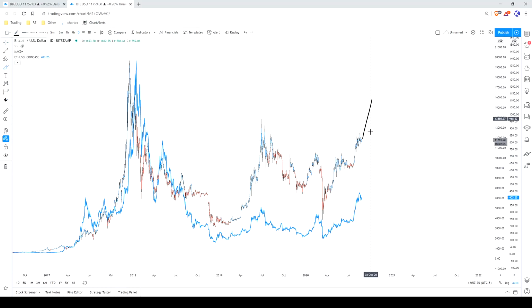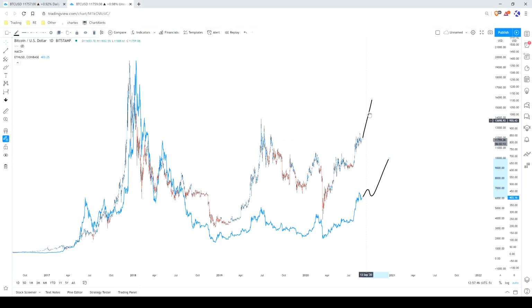So I'm suggesting Bitcoin tops over here. Ignore time, but I'm going to match my time to this, approximately at least. See, my drawing shows December, and it shouldn't take this long. It shouldn't take till December to reach this high. But this is what I'm suggesting.